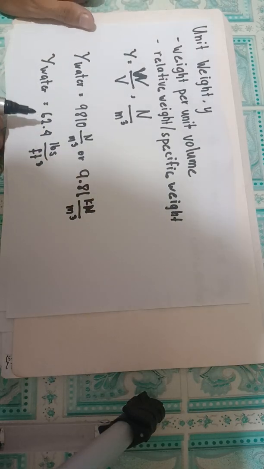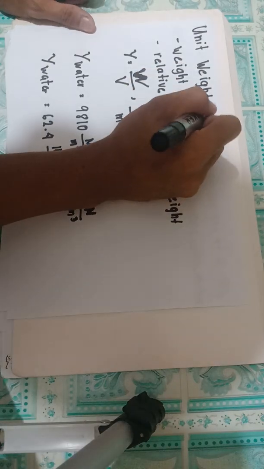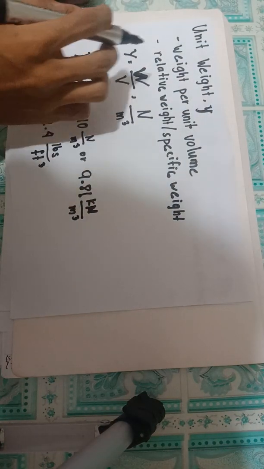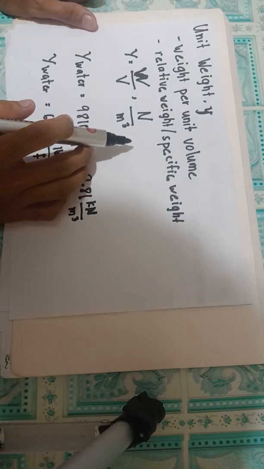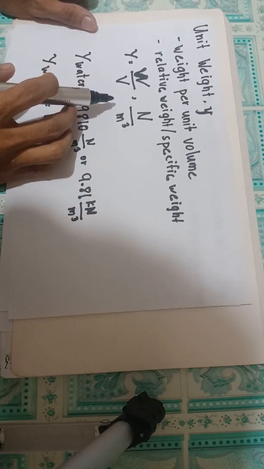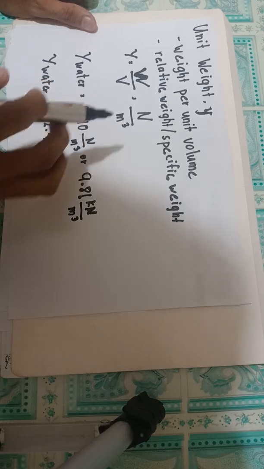We'll also solve for unit weight, with the symbol gamma. Weight per unit volume. This is the definition of unit weight, or relative weight, or specific weight. So gamma is equal to weight over volume, and its unit is Newton per cubic meter.